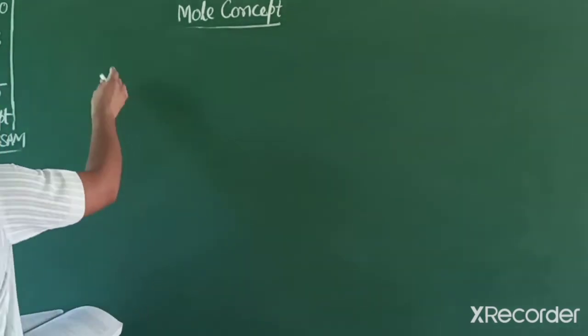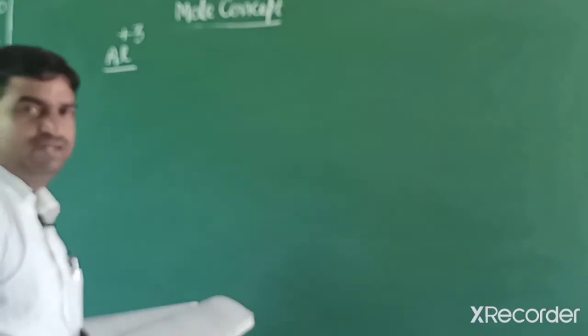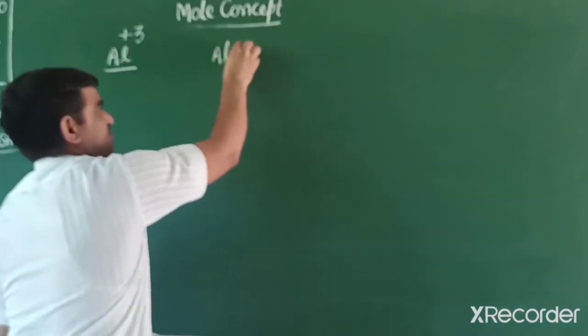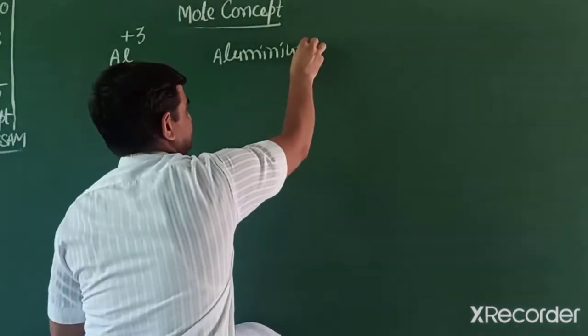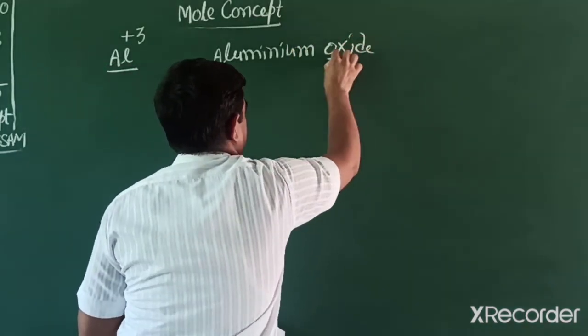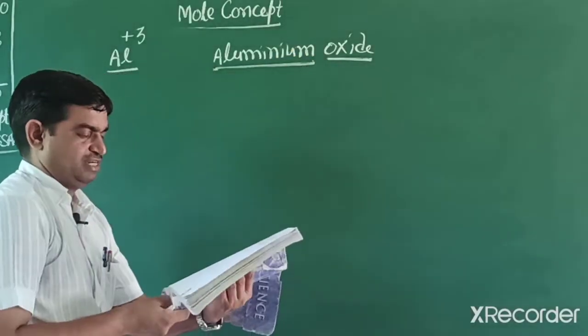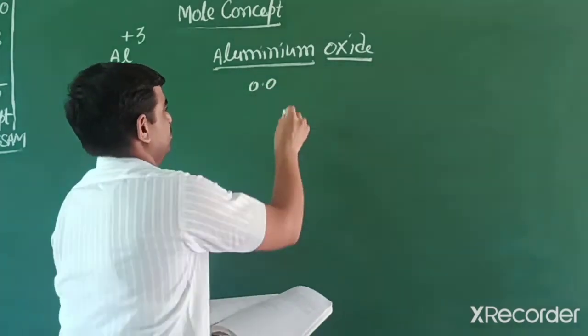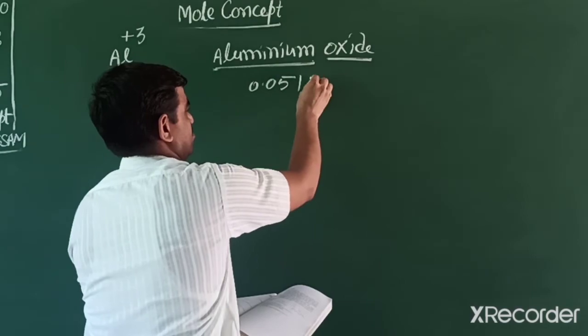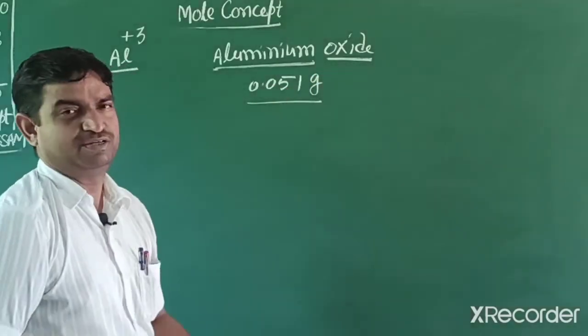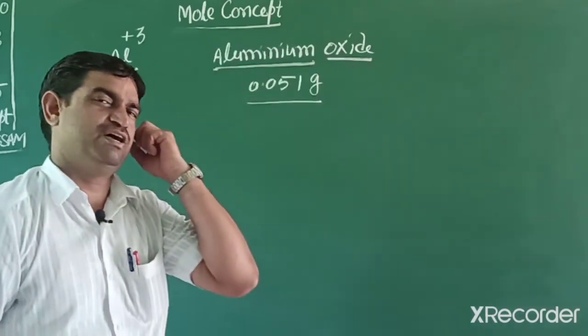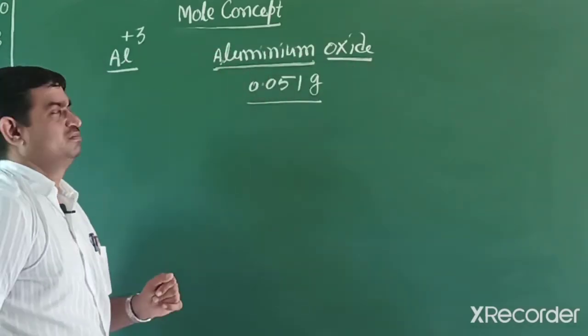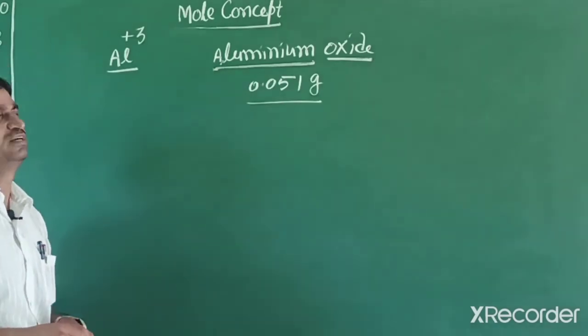A compound is given, that is aluminium oxide, and its mass is given, 0.051 gram. We have to find out how many aluminium ions.